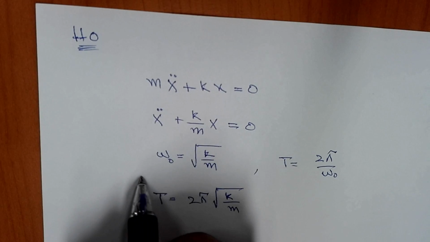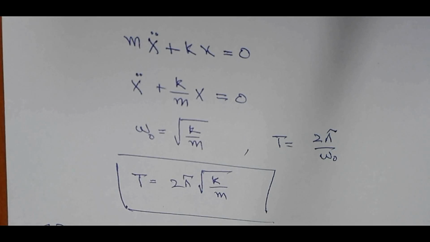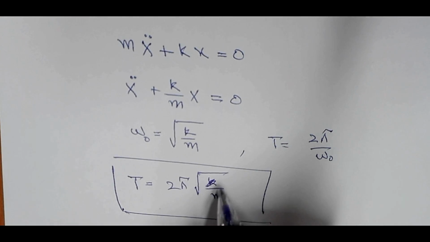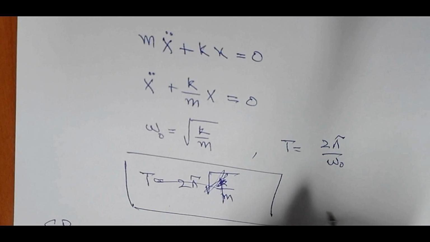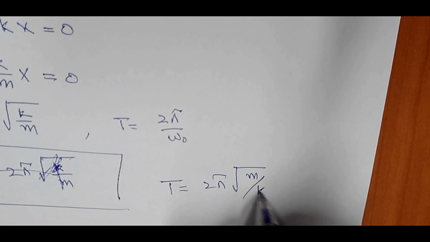So this is the period of oscillation in case of harmonic oscillator. Sorry, it is m over k. T is equal to 2 pi square root m over k.